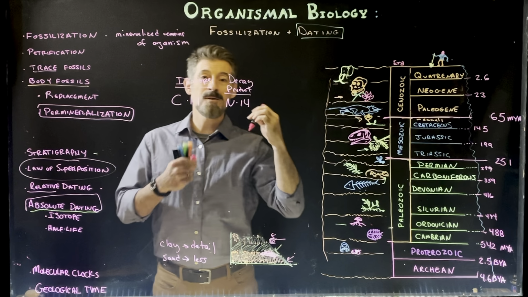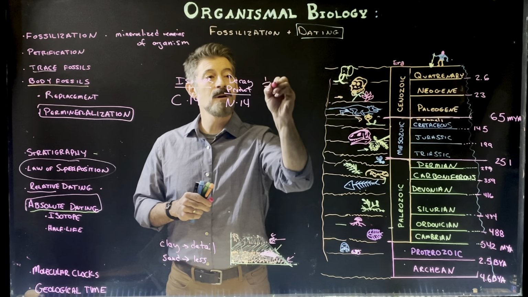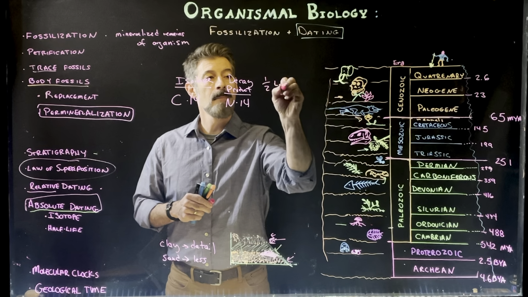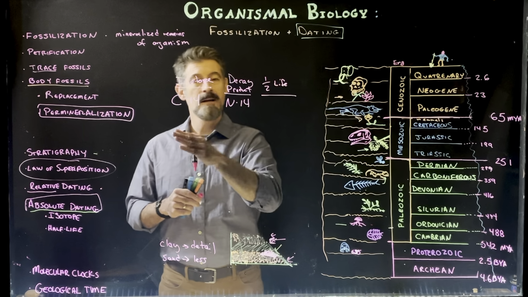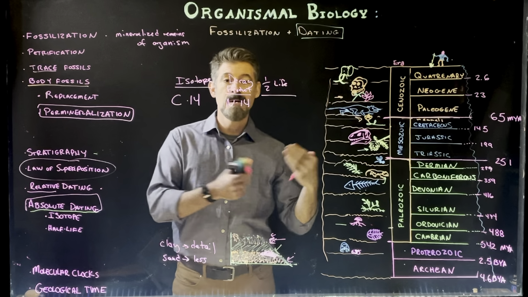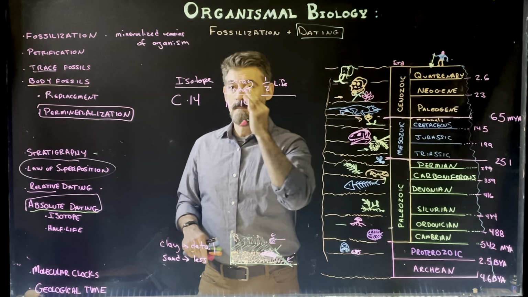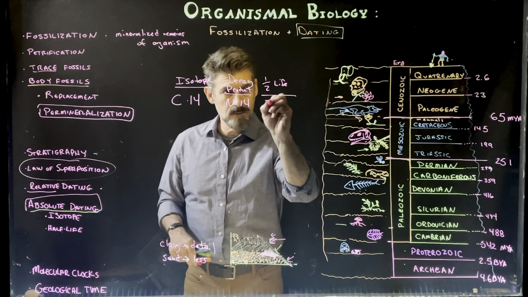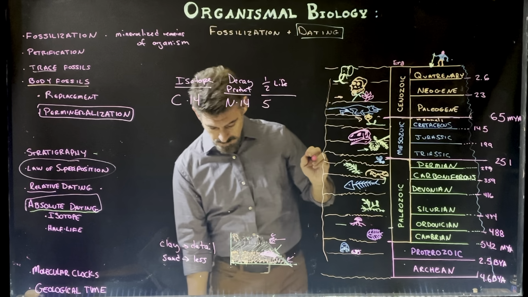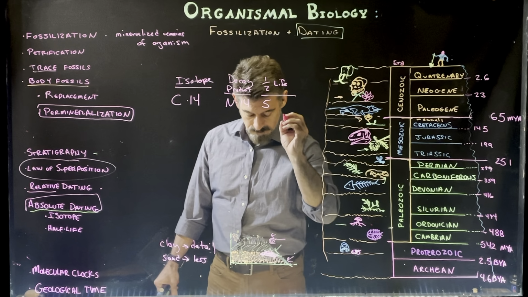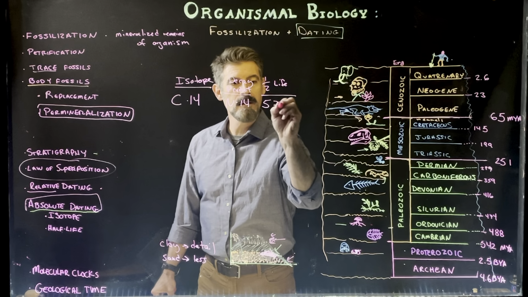And then there's a set amount of time, which is called a half-life. It's the amount of time it takes for half of the carbon-14 to turn into the nitrogen-14. And for carbon, it is 5,730 years.